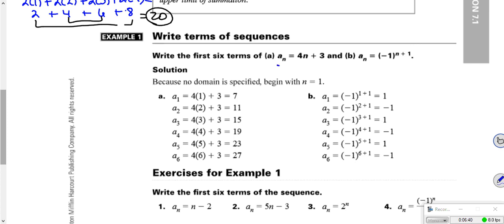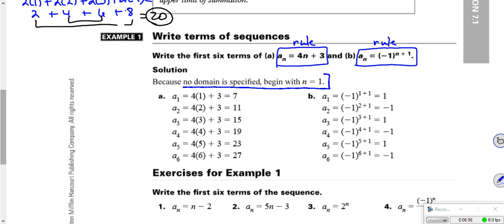This right here is the rule, and it tells us how to get from one term to the next. And remember, no domain is specified. You begin with n equals 1, almost always. Very rarely do you begin with anything other than 1, and if you ever do, they're going to tell you.